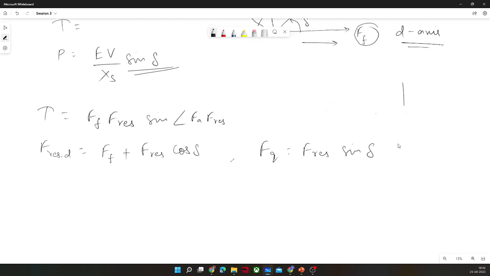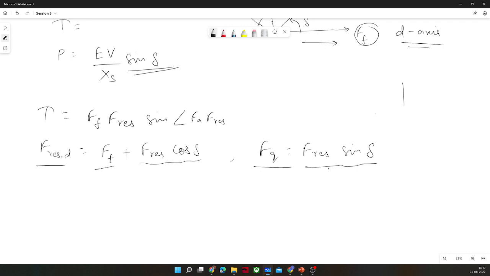After combining these two terms, you will get two components: one is the electromagnetic component and one is the reluctance component. The reluctance component would lead from these two terms, cos delta and sin delta. That's why in some advanced reluctance machines, this is the fundamental from where the reluctance component generates.